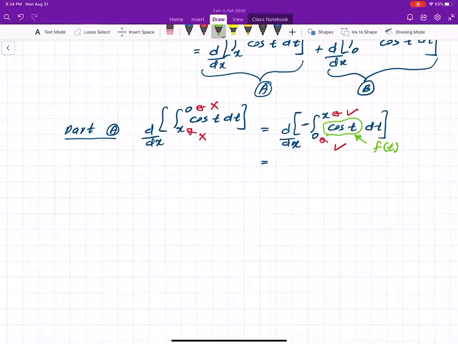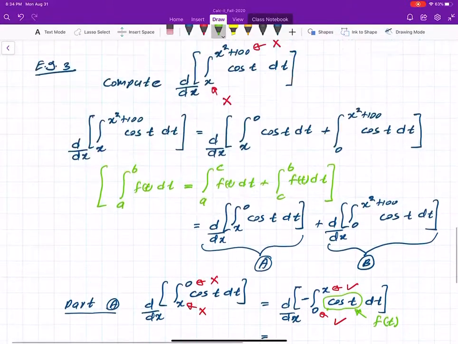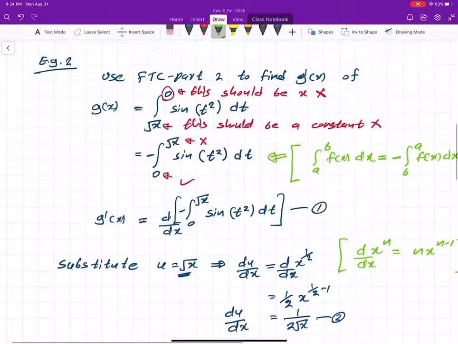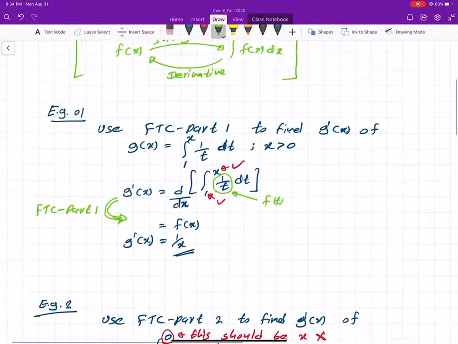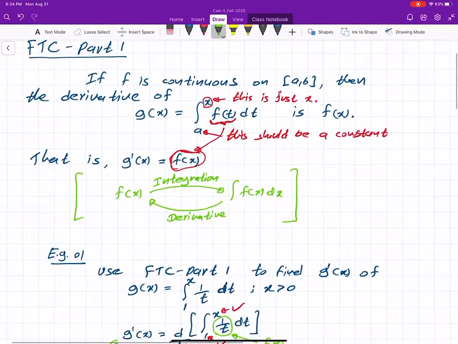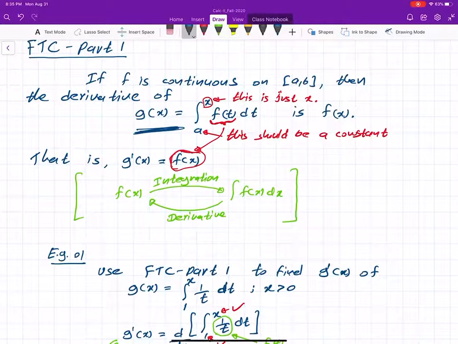If you want to see the fundamental theorem of calculus again, go back. This is the fundamental theorem of calculus. Here you have f(t) and here you have f of x. The derivative of g, where g prime x should be f of x.